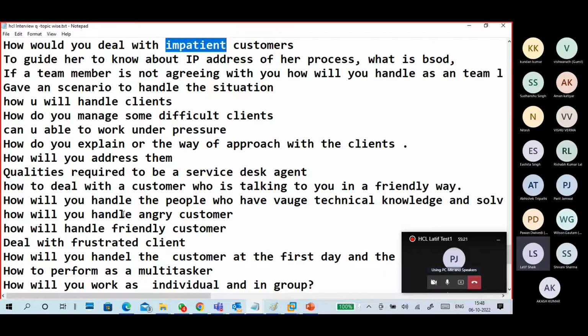Right. For an impatient customer, listen to the customer's requirements and understand clearly what we are able to give him. Sometimes we cannot do anything until the customer does something, like paying the bill.